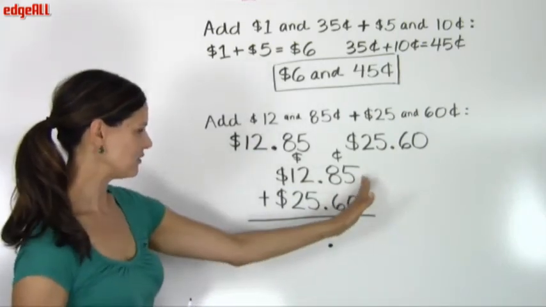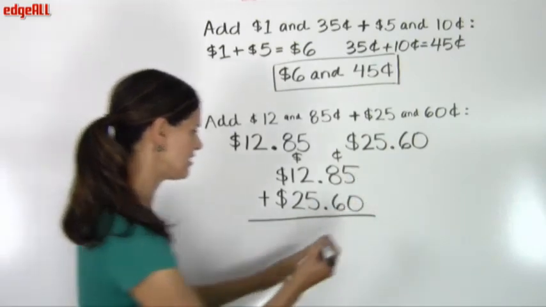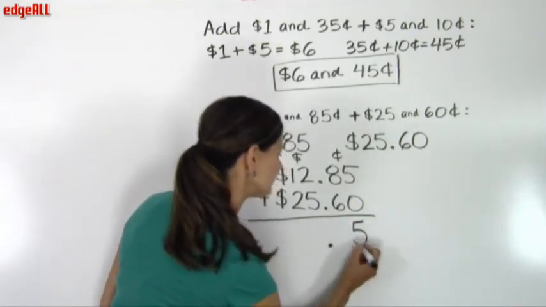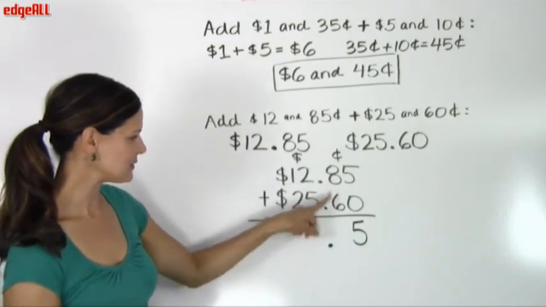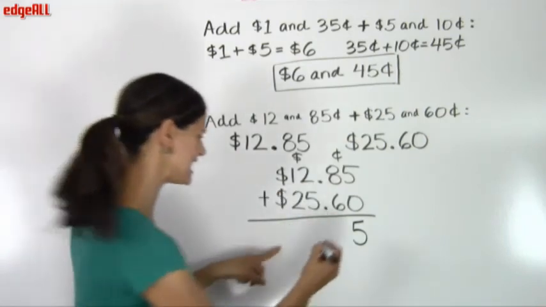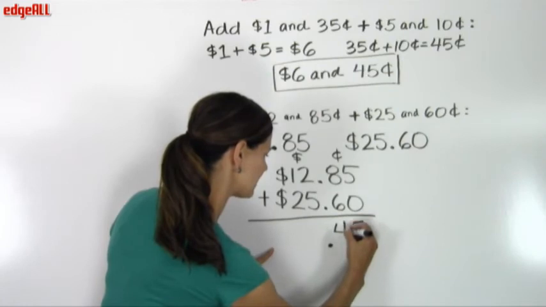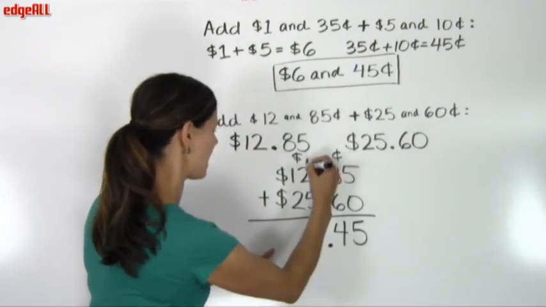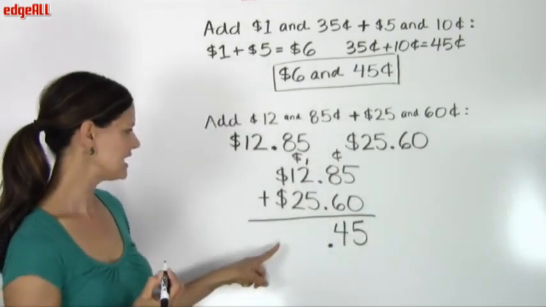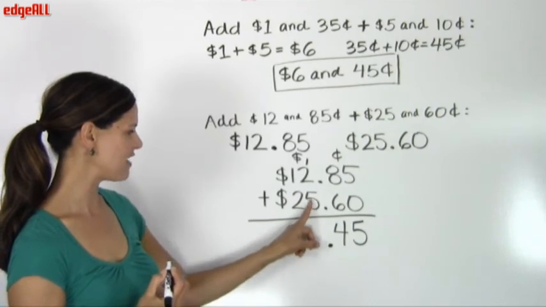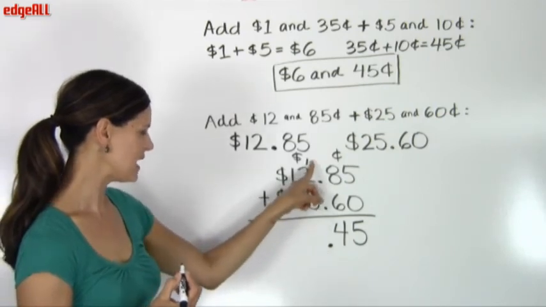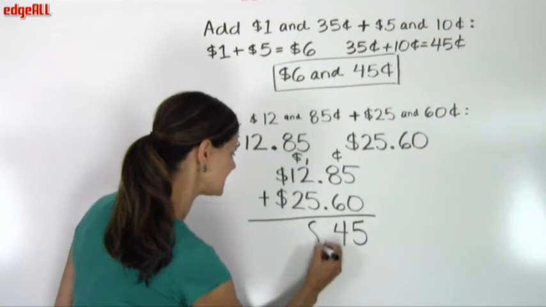So I start over here on the right hand side. 5 plus 0 equals 5. And then 8 plus 6 equals 14. I place the 4 here and carry the 1 from my answer 14 to the next column, and then I add 5 plus 2 is 7 plus that 1 that I carried is 8.